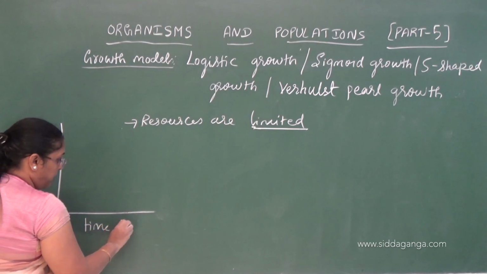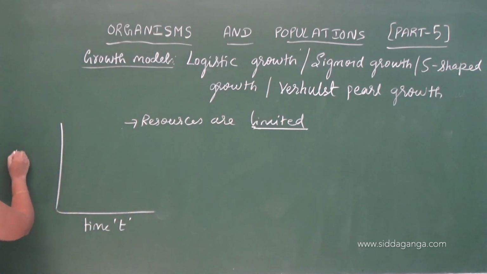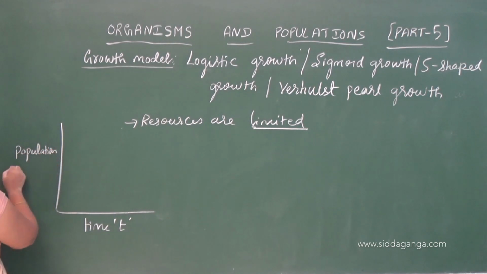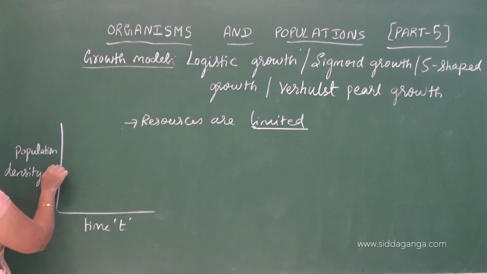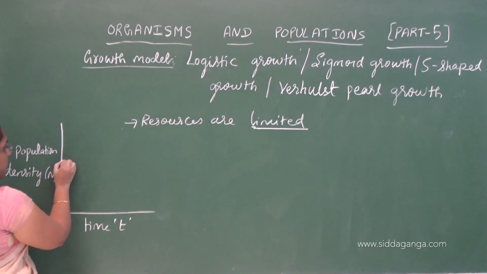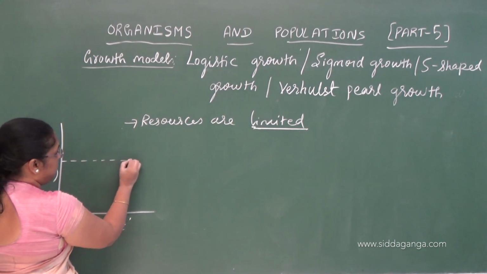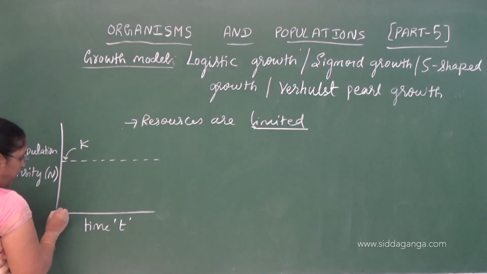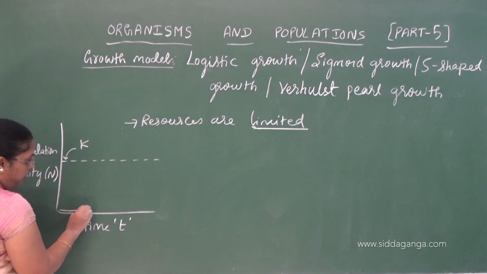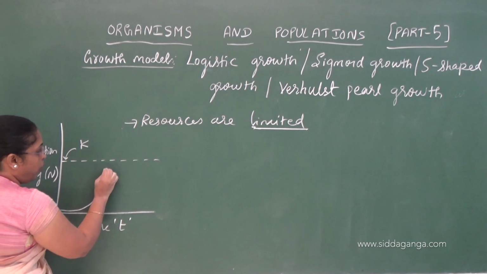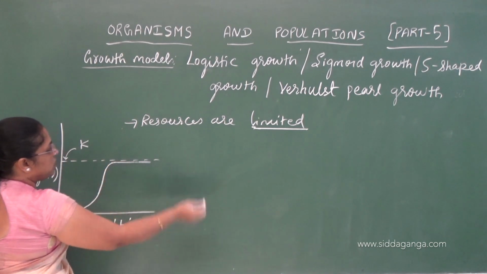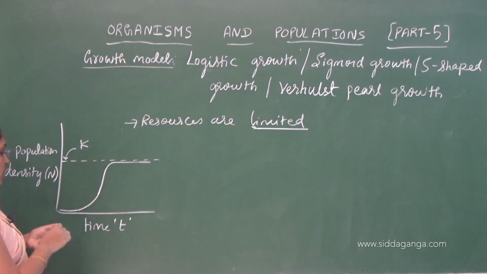So this growth curve we get, this is time t. Initially we see lag phase, then an increase in the population, that is acceleration, then a decrease in the population, that is deceleration. Understood?